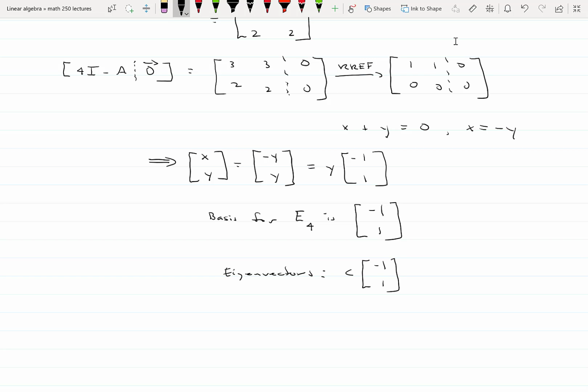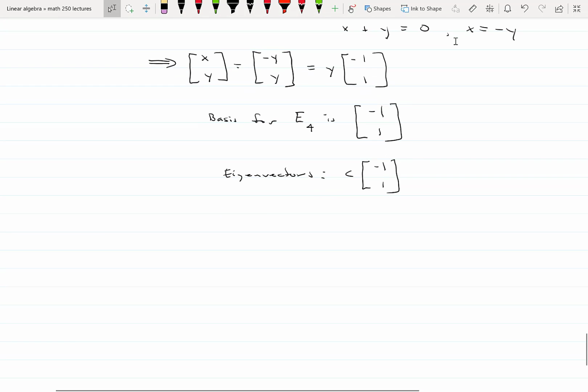Okay. We have one more eigenvalue. Lambda equals -1. So we're going to do the same thing. We need to solve lambda I minus A times x equals 0.